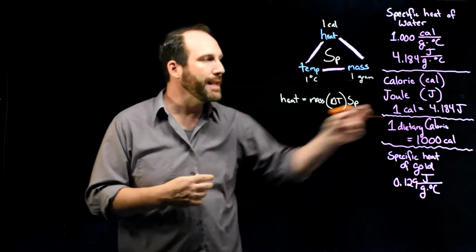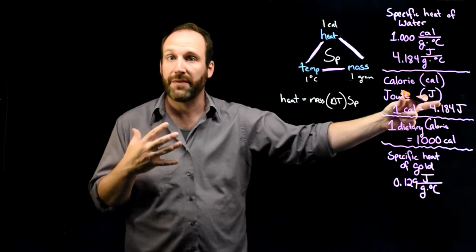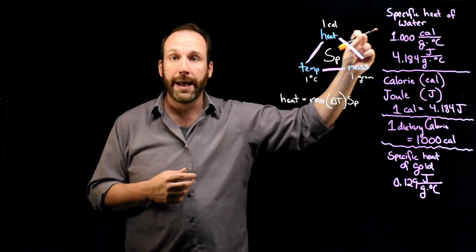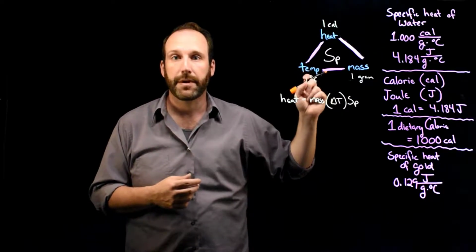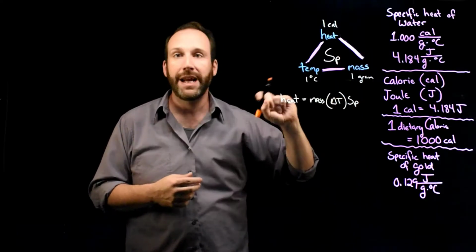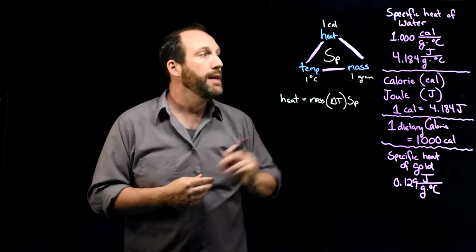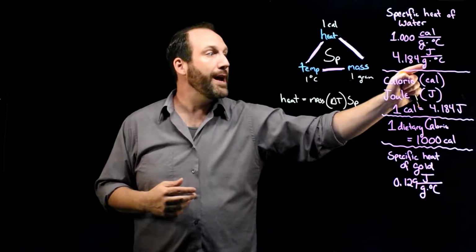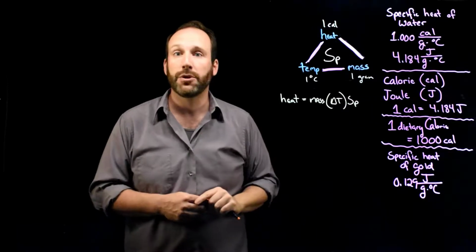And if we think about that idea and the specific heat of water, well, the specific heat of water is 1 calorie per gram per degree Celsius. It's also 4.184 joules per gram per degree Celsius. So the amount of heat that's required to raise 1 gram of water by 1 degree Celsius is 4.184 joules.